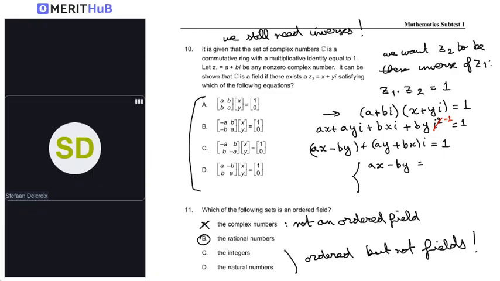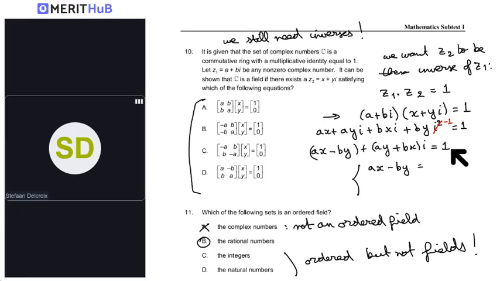What is the real part of 1? 1. The imaginary part on the left is AY plus BX. What is the imaginary part of 1? 0, since 1 is 1 plus 0I. So we have our two equations that they were looking for.